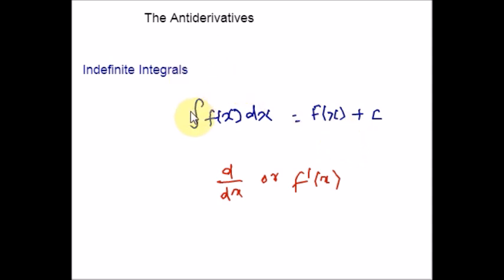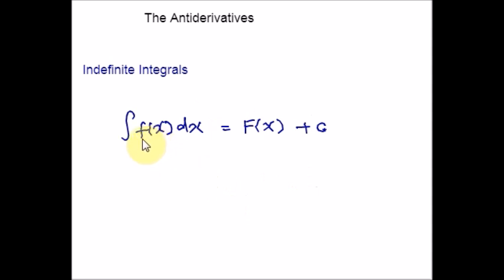Now let's see the definition of indefinite integral. Given a function f, the indefinite integral of f, denoted by the integral of f of x dx, is the most general antiderivative of f. If capital F is an antiderivative of the function small f, then the integral of f of x dx is equal to F of x plus c. The expression f of x is called the integrand, and the variable x is the variable of integration.